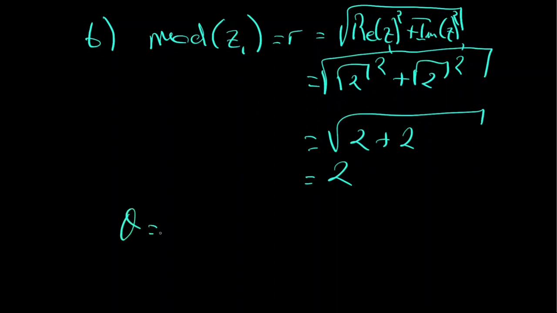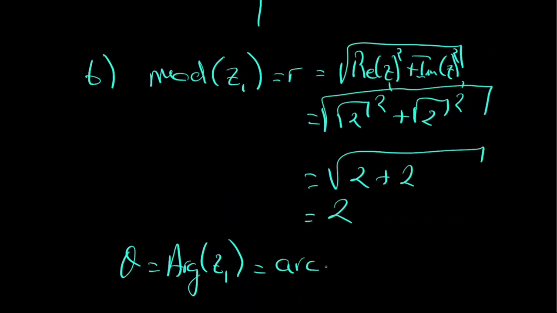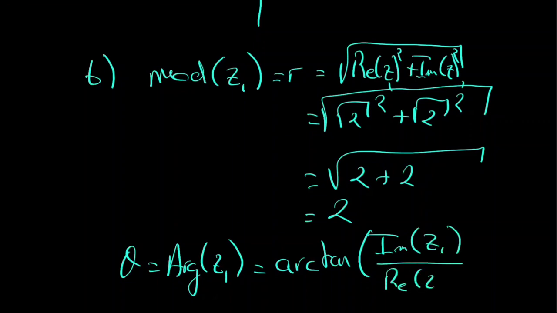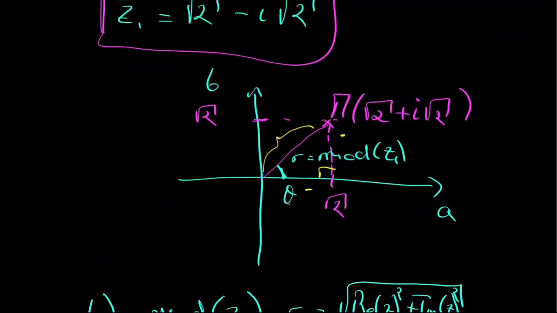Now let's find theta, the argument of z1, which is equal to the arc tangent of the imaginary part of z1 over the real part of z1, as if we were talking about geometry.